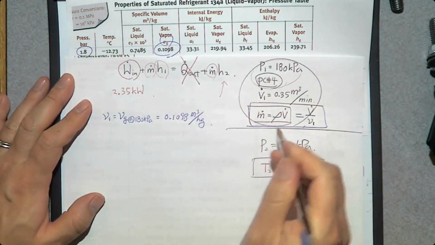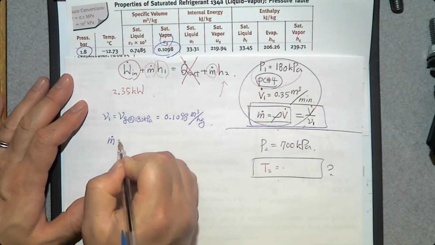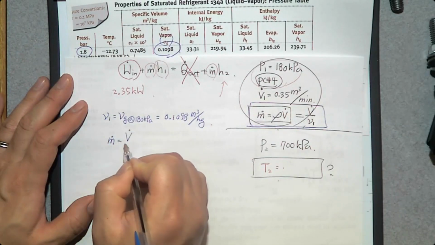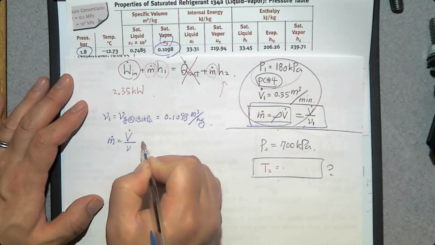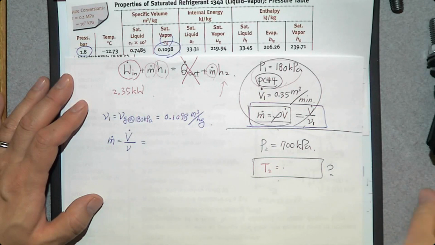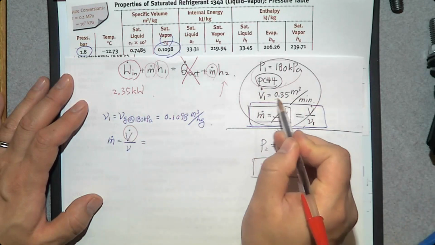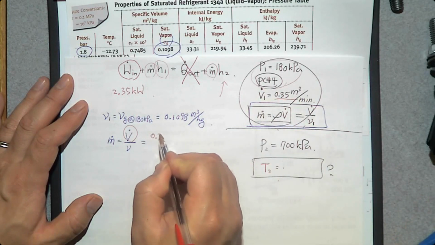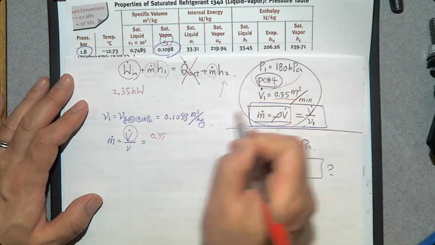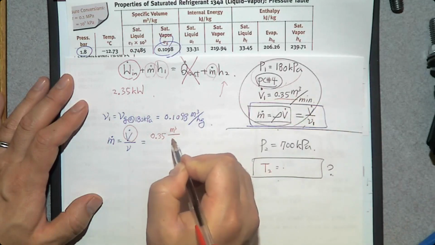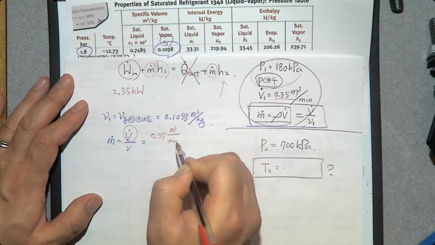Then let's use this equation. M dot should be V dot over V, and in that case, V dot is 0.35 cubic meters per minute.